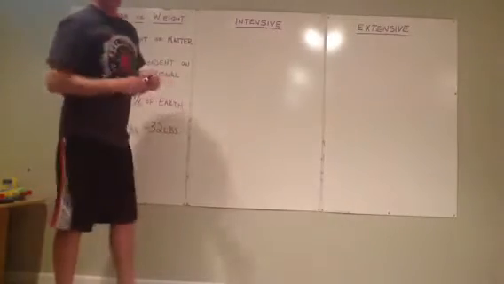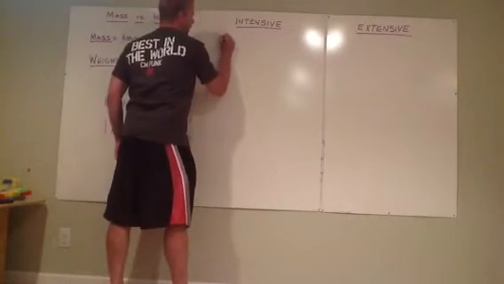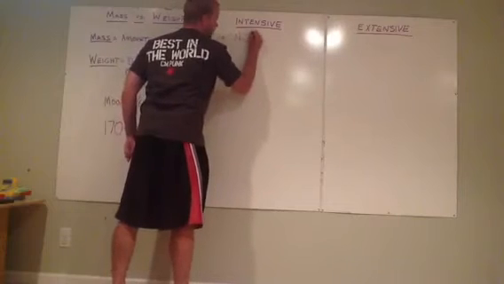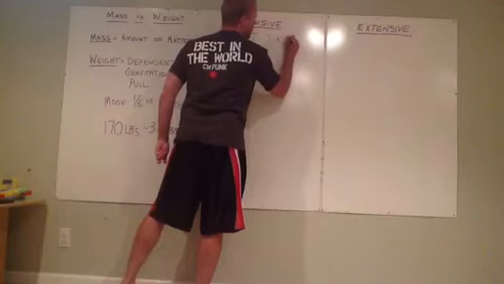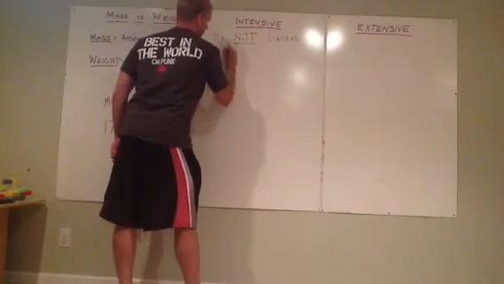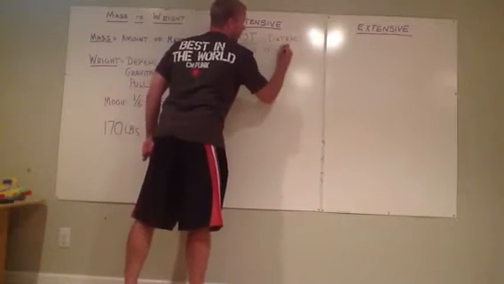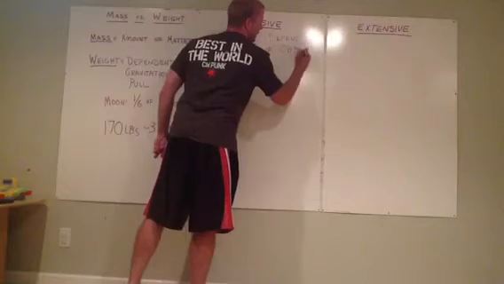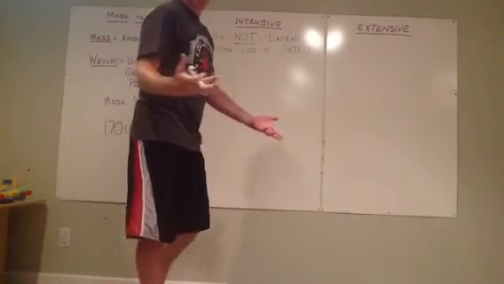So that's the difference between mass and weight. All right, now let's talk about this idea of intensive properties. So the big thing with intensive properties is they do not depend on the size of the object. I'm going to have to get a new marker here, but i.e., it doesn't matter what the mass is of the substance.